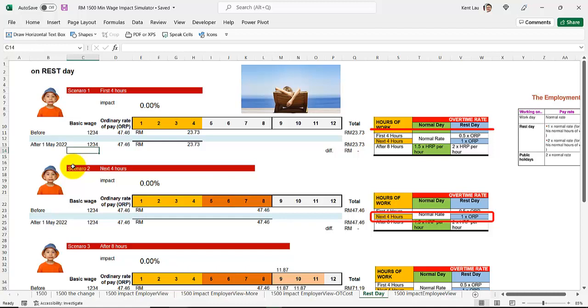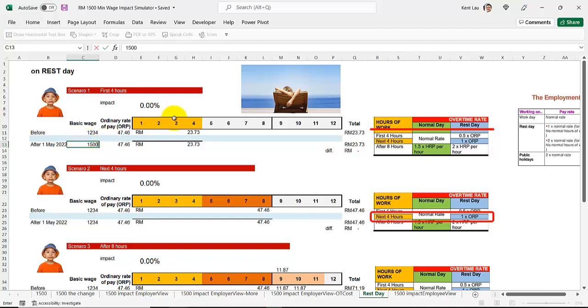So how does it impact the company? On the overtime rate, before this, the employee is paid 1,234, and now with the new law implementation, we change it to 1,500.